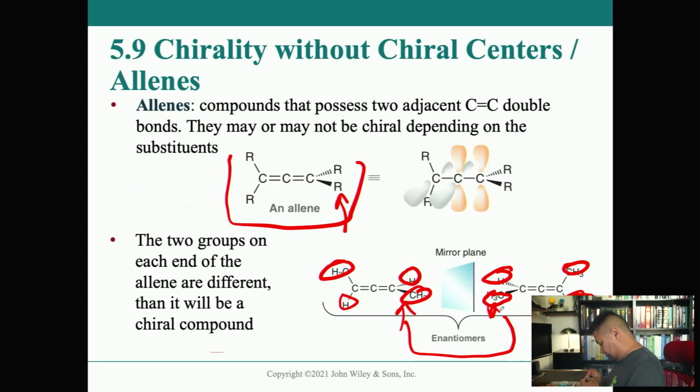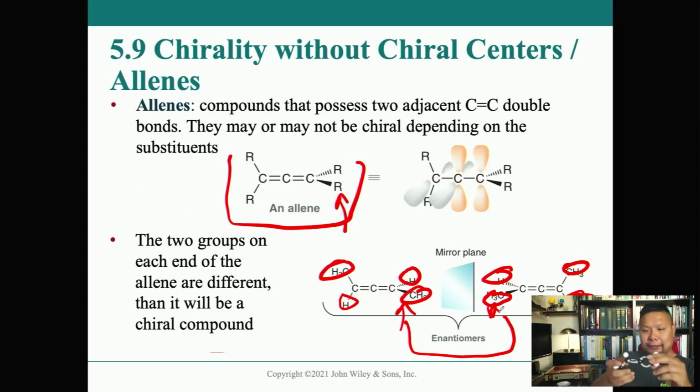And then that. And then we want a hydrogen on one side, and a hydrogen on the other side. And then we want methyl groups.